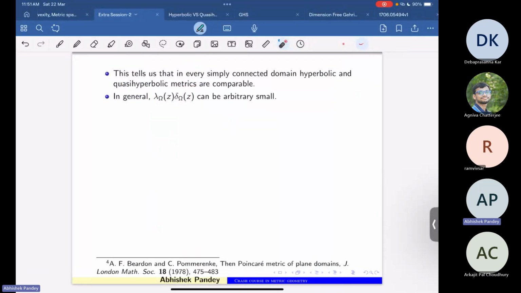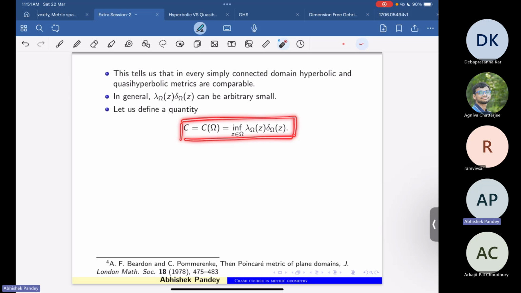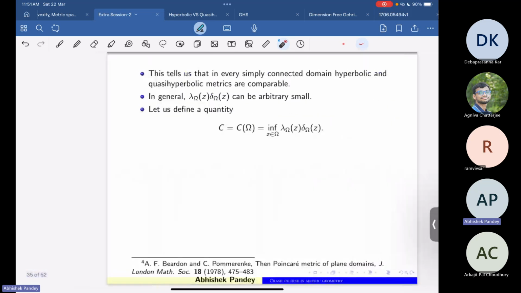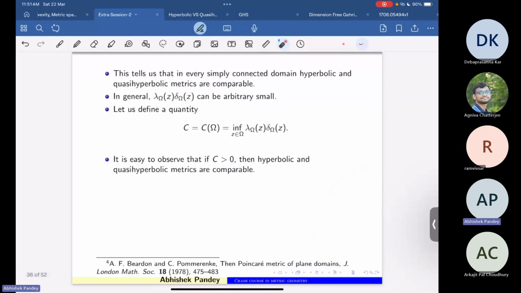Just take a punctured unit disk and see that one. And let us define a quantity, which is the infimum of this one, a c which depends upon omega: lambda omega z into delta omega z, and take the infimum. Let us denote this quantity as c.